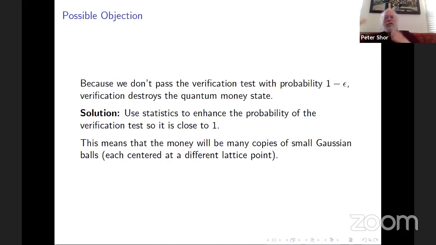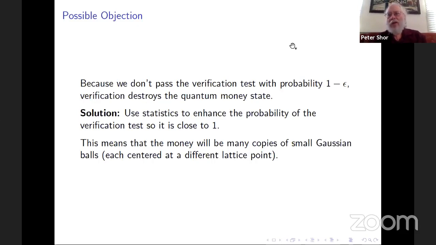If it is, the whole thing will pass the verification test with probability nearly 1, and if it's not a good quantum money state, the whole thing will pass with probability close to 0. Because with statistics we're making the probability of passing the verification test close to 1, there is a standard technique in quantum computing which says we can do this and not destroy the original quantum state.